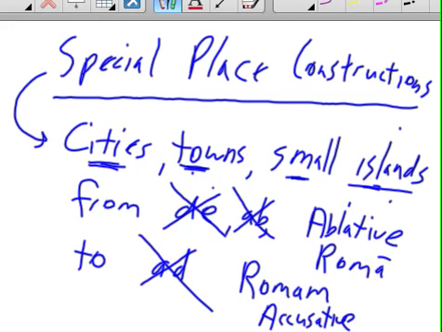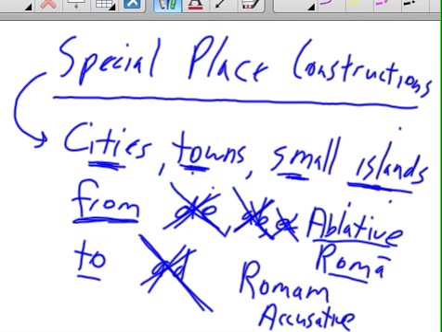So if it's a city, town, or small island, and you want to say from, you're not going to use de or ab or anything like that. You're not going to use ex. You're simply going to put the word in the ablative case like we did here with Roma. If you want to say to a city, town, or small island, you're not going to use ad. You're not going to use in. You're simply going to put the word in the accusative case like we did with Roma.